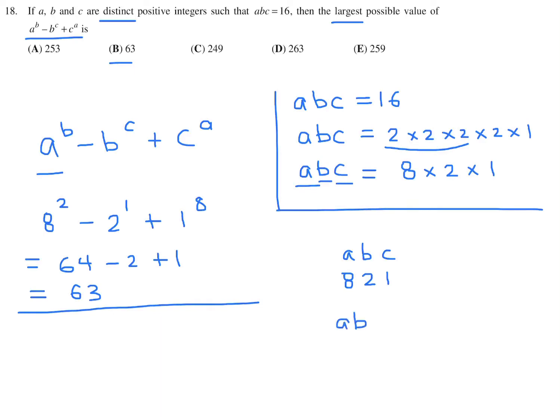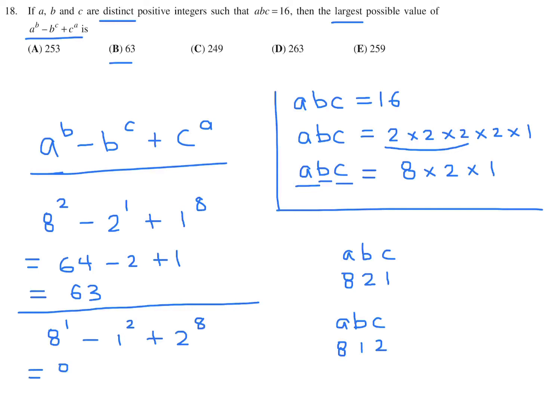Now I will choose A, B, C. I'm still going to use 8 because I have to keep that as large as possible, but I'll just flip the B and C like that. So now my expression becomes 8 to the power of 1 minus 1 to the power of 2 plus 2 to the power of 8.